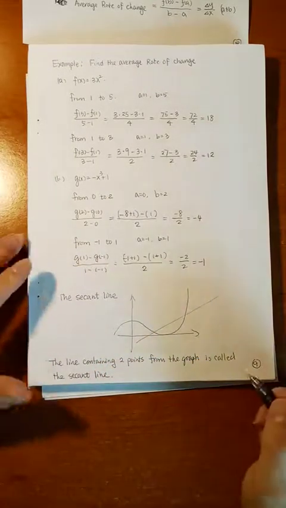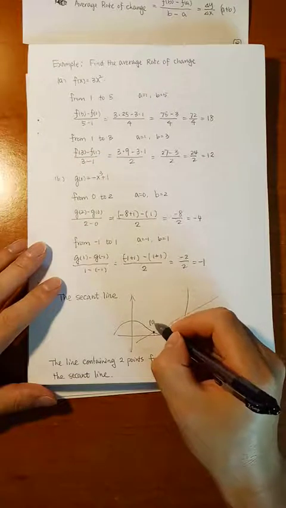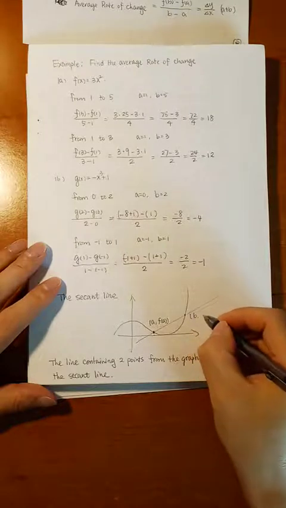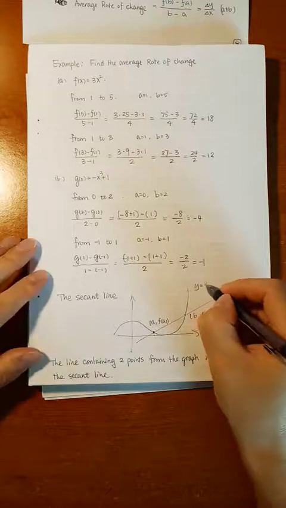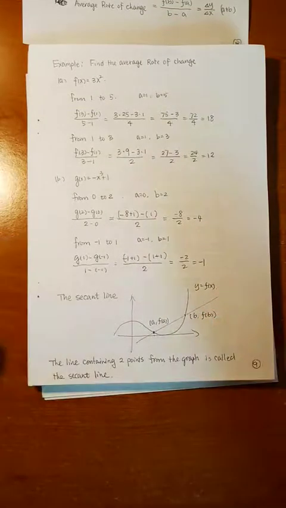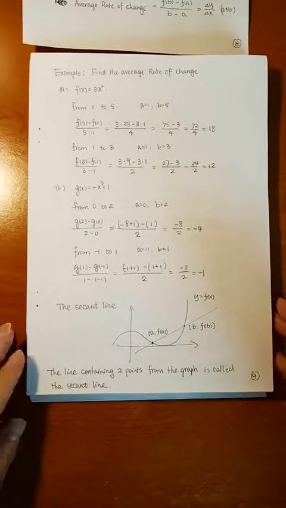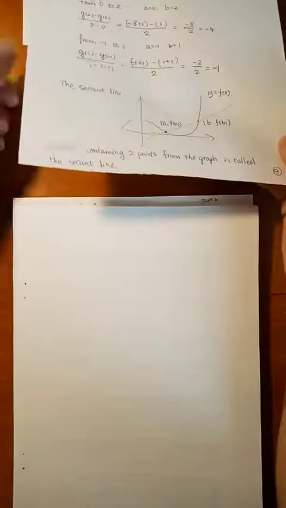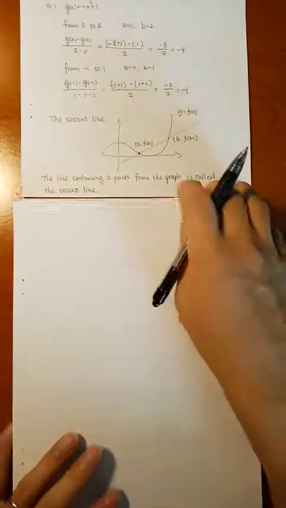Okay, 2 points. So you have this point A, f(A), this point B, f(B), and the function is y equals f(x). Whenever you have a line in geometry, one of the important quantities is the slope.